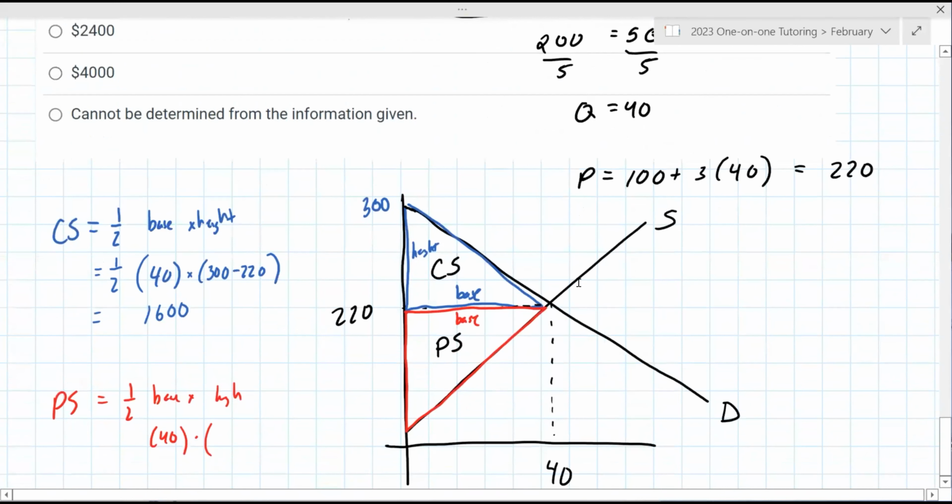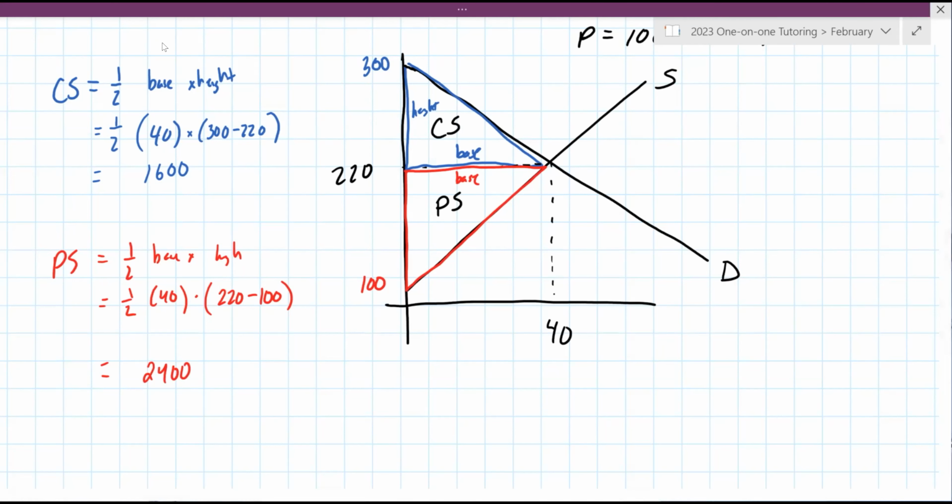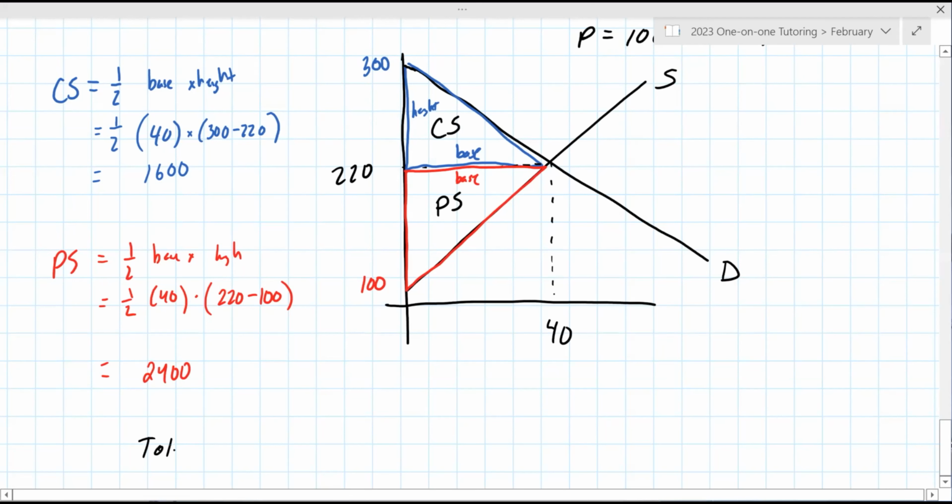It's 100, yeah. So the height is 220 minus 100, which is 120. Half of 120 is 60. 40 times 60 is 2400. The two add together, so the total surplus is 1600 plus 2400, which is 4000. Hopefully that's an answer there.